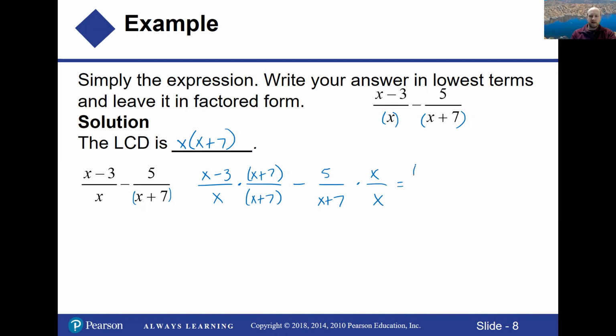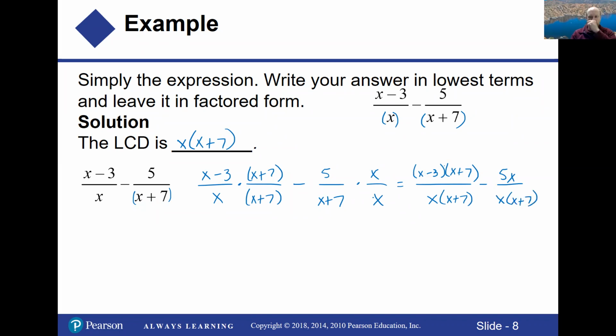Okay, so now I have (x minus 3) times (x plus 7) over x times (x plus 7), minus 5x over x times (x plus 7).